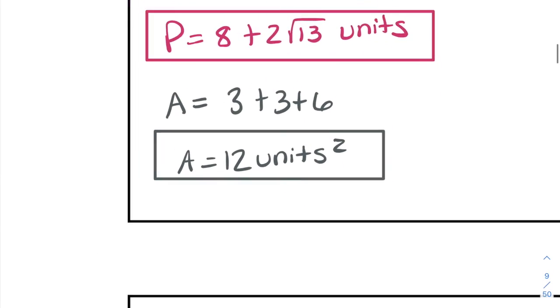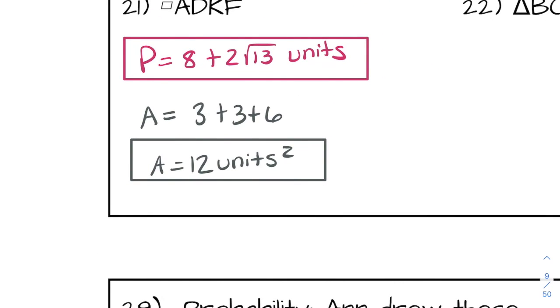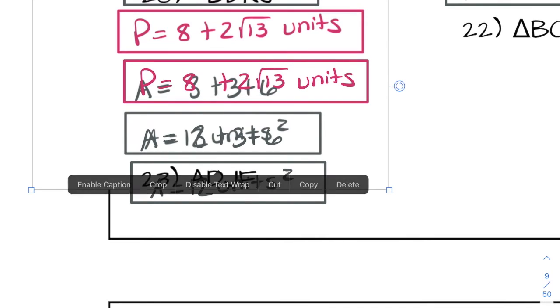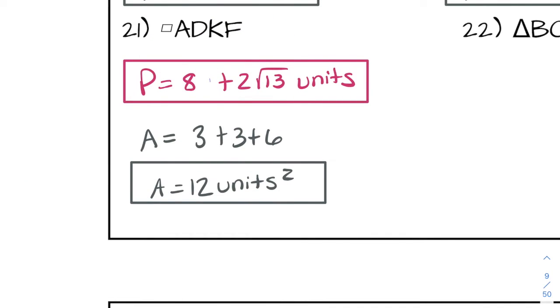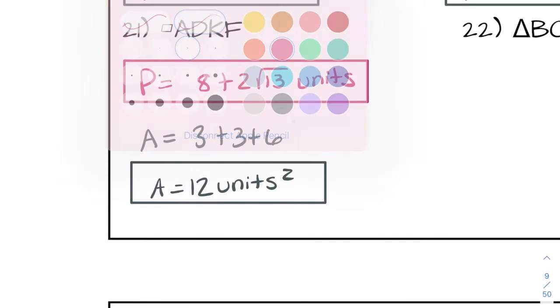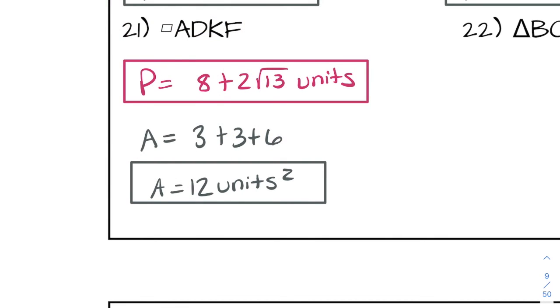So 9 plus 9 is 18. So the only difference is that that is 18. All right, 18.